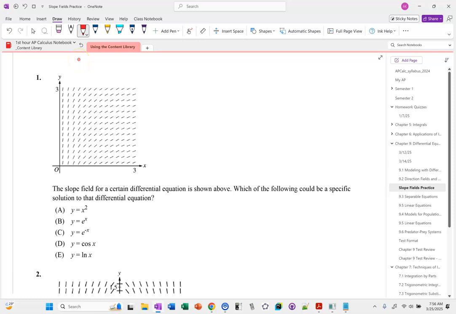All right. So the slope field for a certain differential equation is shown above. Which of the following could be a specific solution to the differential equation? Now, what is your instinct as to how to approach this?